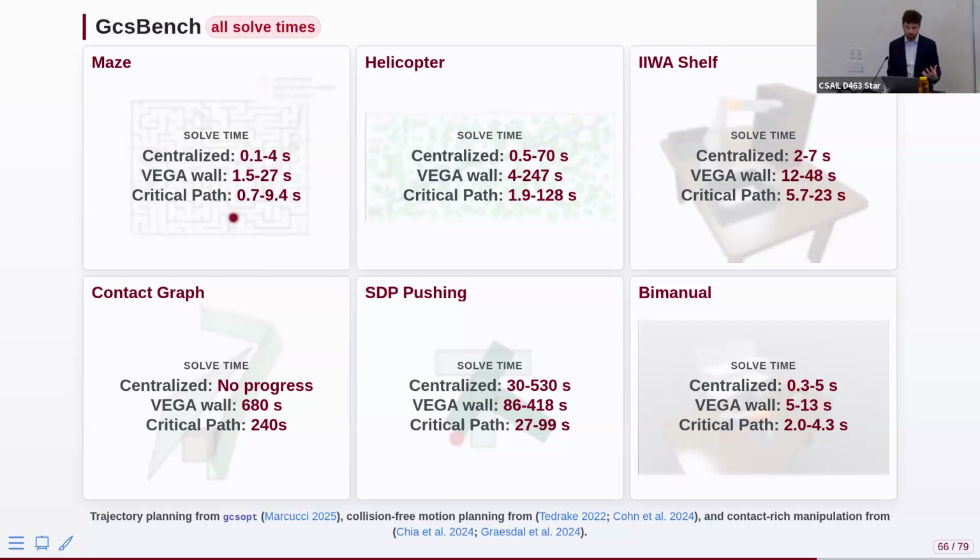The critical path doesn't really start to become competitive until you get to a bigger graph. On the other hand, Vega is already competitive on the semi-definite programming examples because it is able to break apart some of the harder semi-definite programming problems. Additionally, Vega is able to solve the contact graph problem to optimality in 10-ish minutes, which is a huge step up from 2 hours of no progress.